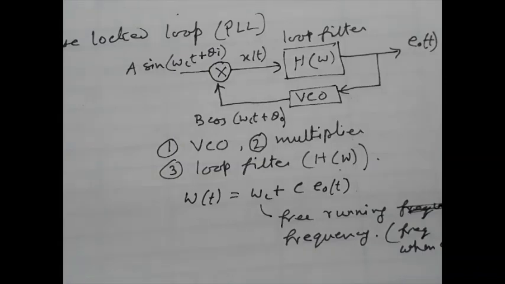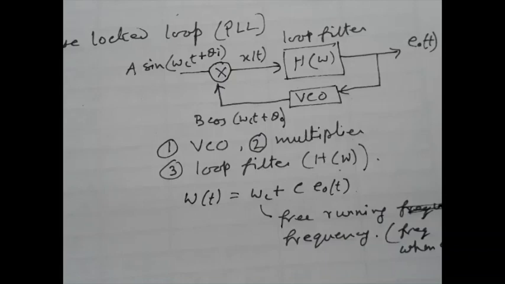So the difference will change the signal feedback until it is close to the input signal. A PLL operates on almost a similar principle, except that the quantity fed back and compared is not the amplitude but the phase. That's the only difference.